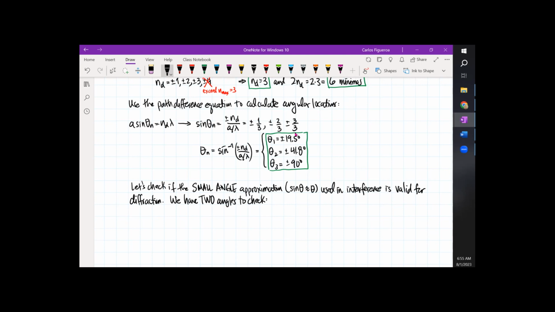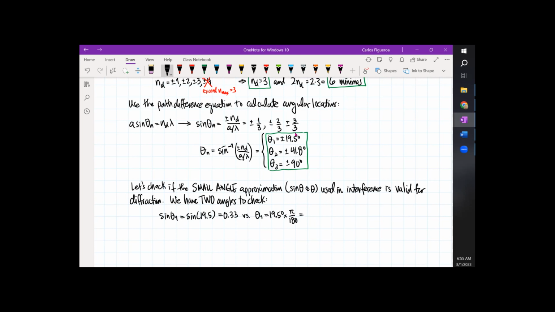Sine of theta 1, which is sine of 19.5, is equal to 0.33, versus theta 1, which is 19.5 degrees, but then I have to convert that into radians.